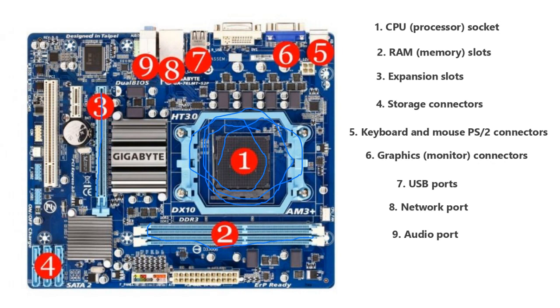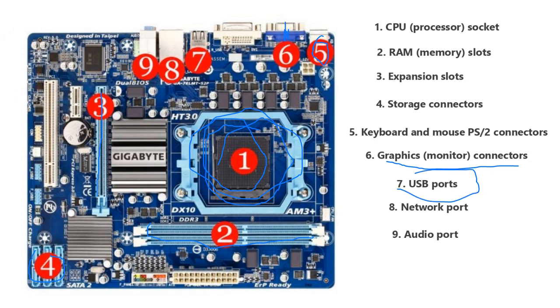Number five is the keyboard and mouse PS2 connector, because mice also have different types. And the graphics connector, which is used to connect the monitor, is number six.